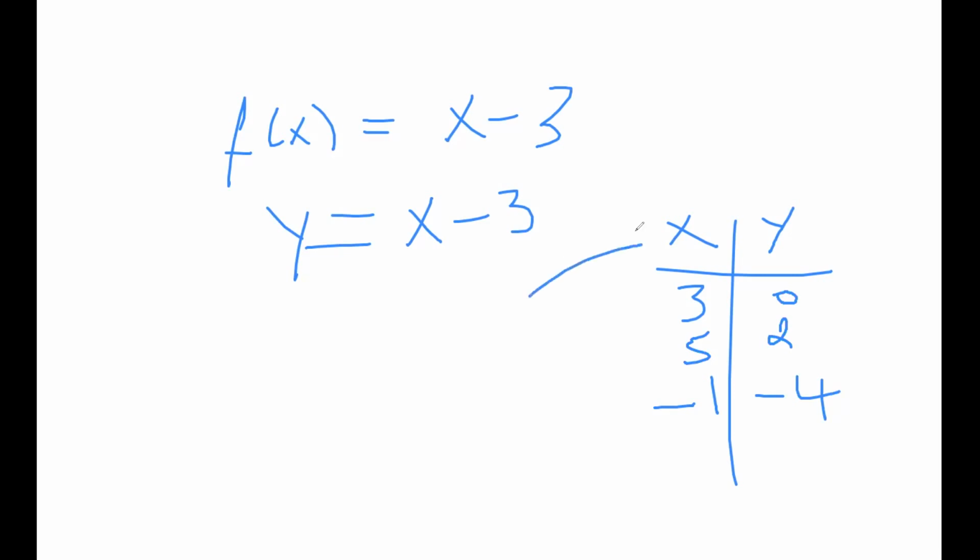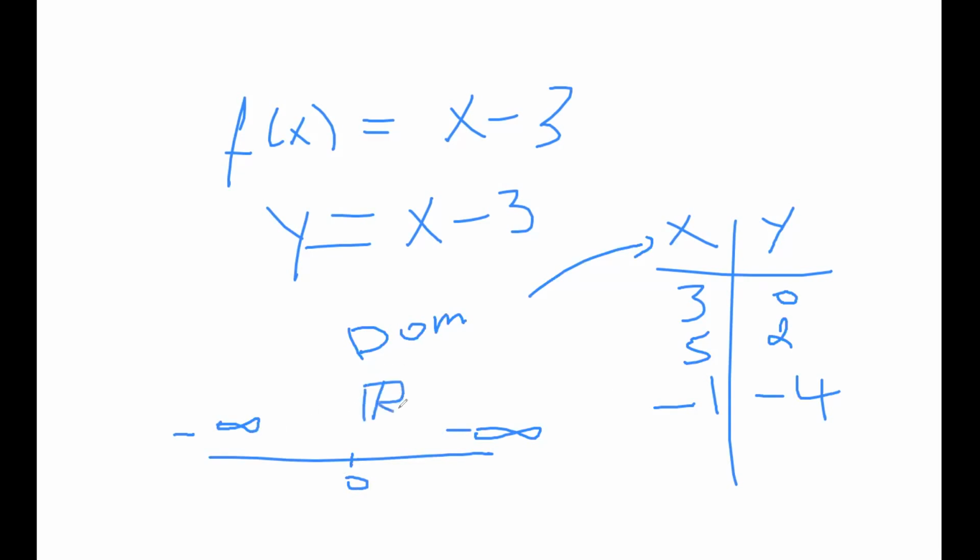Exactly. The options are what we call the domain. All the numbers we can plug in here, we can plug in any number. That's what we call the domain. It is R, or you can say all the numbers. All the numbers we can represent with a line. All the real numbers, the symbol for the group of real numbers is R. We can also write this in interval notation.